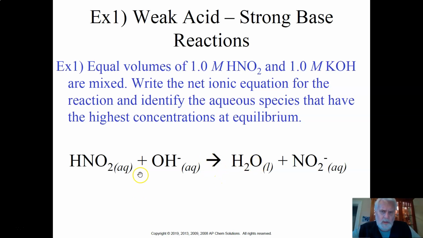We don't know what these concentrations are, and also it does go in the other direction to a certain point. Okay, but the strong base will kind of be that driving force, as long as there's hydrogens available for it to rip away, and if there are OH minus ions there, they will do that.